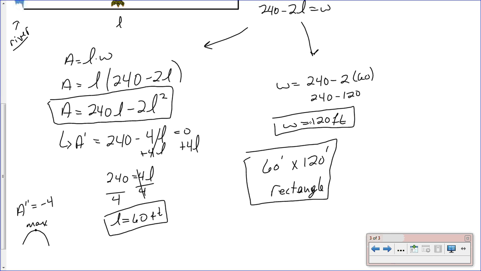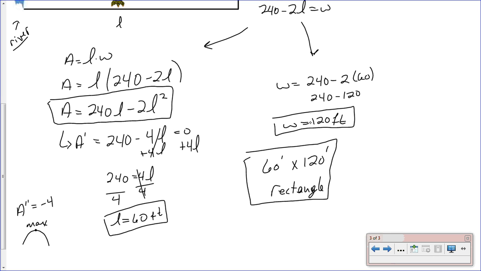All right. Now, this is how pretty much all optimizations work. Right? If it talks about circles, you're going to have to use circle formulas for perimeter and area. If it talks about triangles, you got to use triangle formulas. But regardless of shape, they're all going to work the same exact way.